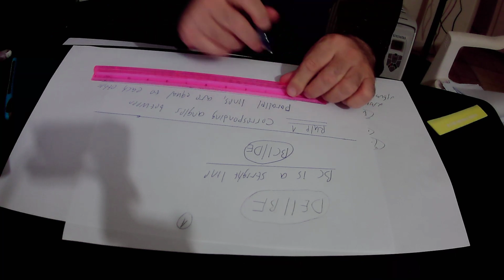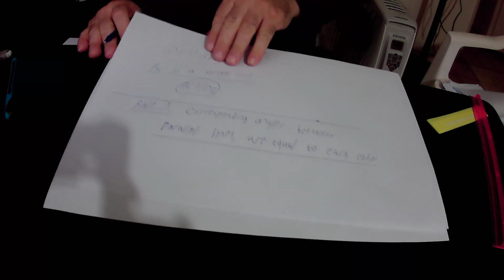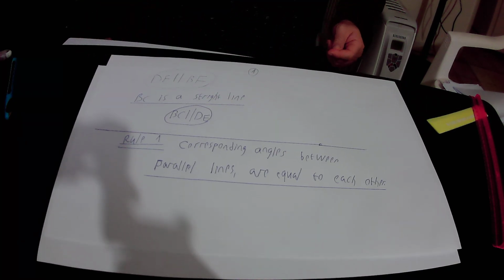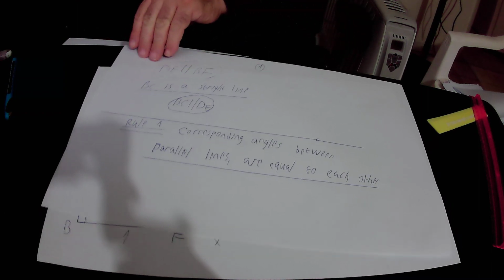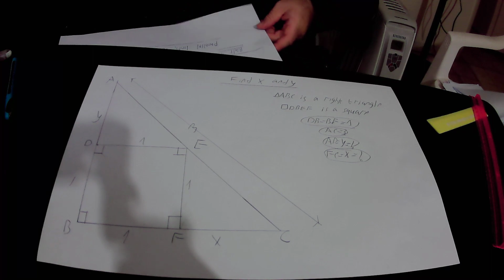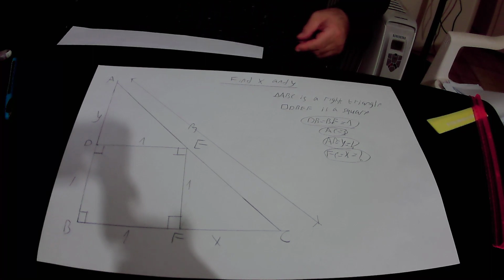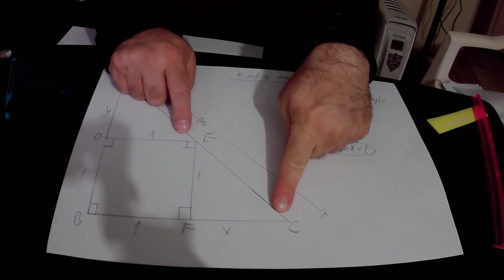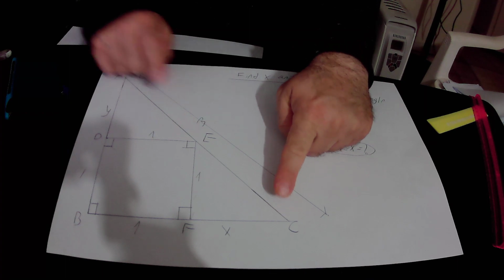I will read rule number 1 again. According to rule number 1, corresponding angles between parallel lines are equal to each other. We can implement rule number 1 in our drawing because those two angles are defined as corresponding angles.